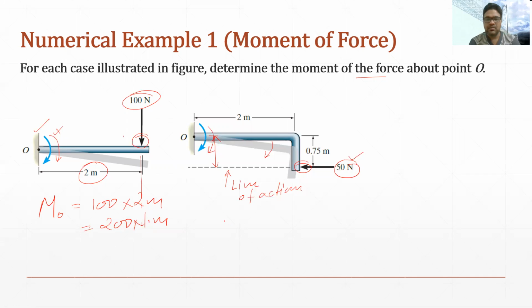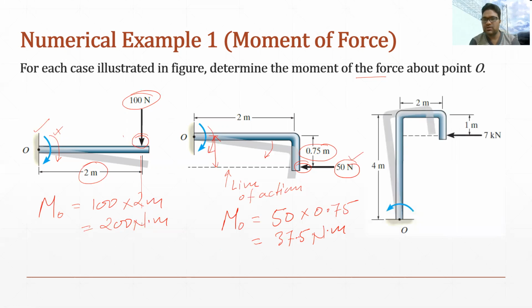So moment about O will be 50 into the perpendicular distance, which is 0.75. So it would be, I think, 37.5 Newton meter.